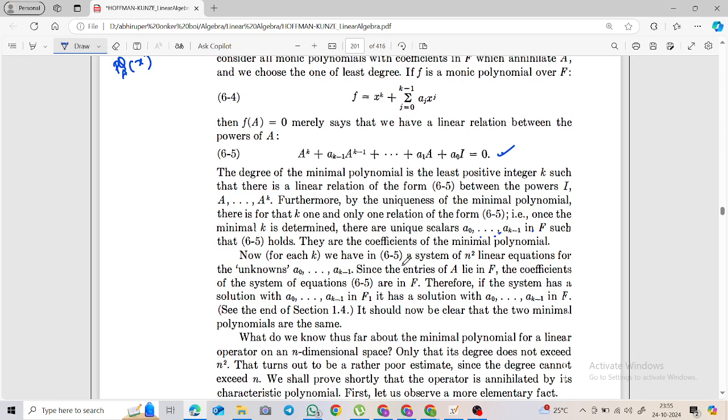Now for each k we have a system of n square linear equations.